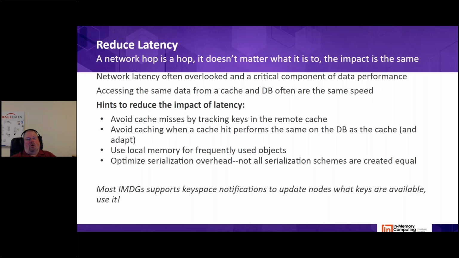One of the main techniques that we use in Heimdall in order to reduce the impact of latency is we leverage another feature of in-memory databases, and that is key tracking. All of the popular in-memory databases support the ability to send a notification message to listeners whenever there's a change to what keys are available.